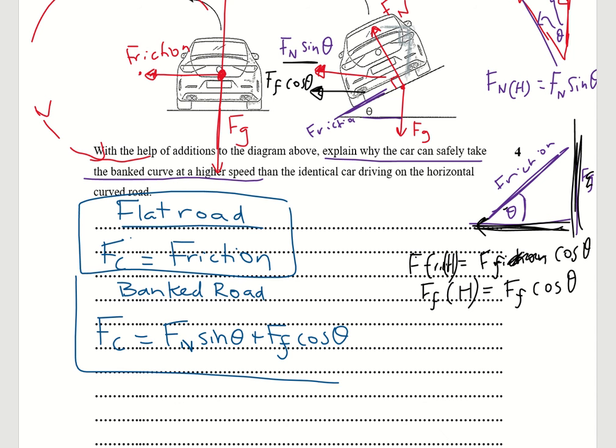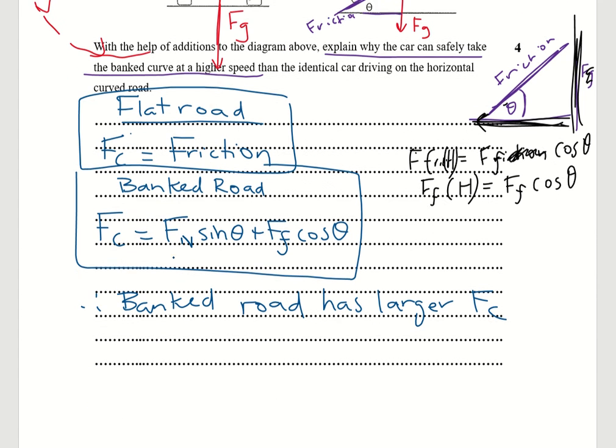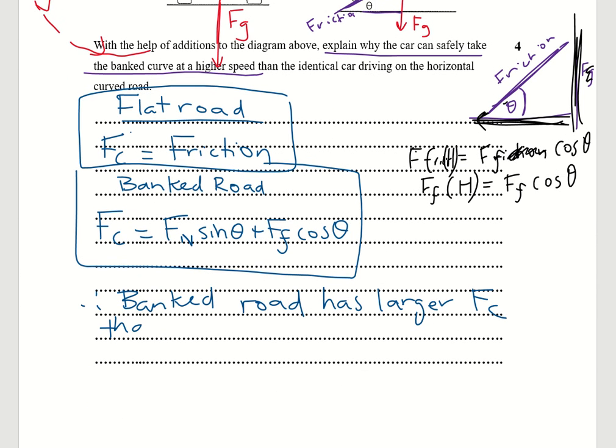What we can see here is that the banked road therefore has a larger centripetal force than the flat road, because there are two centripetal force components.